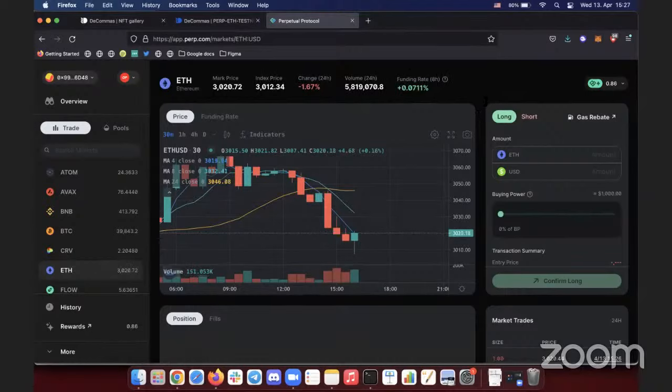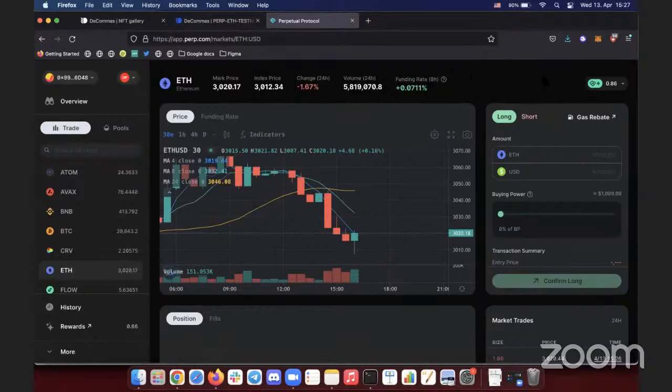Right now you can already go to Perpetual protocol, and hopefully we will release our V2 version pretty soon. You'll be able to see the stats, for example if the funding rate was positive for some period of time.